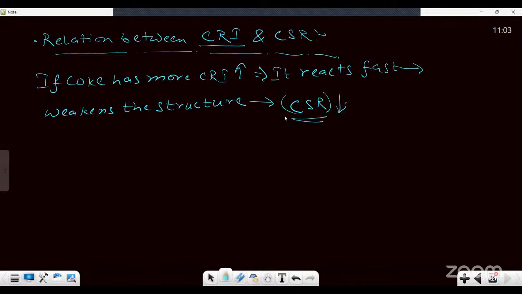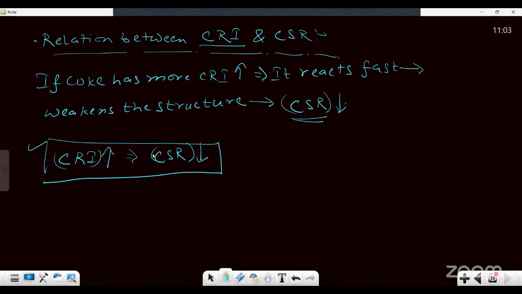CSR decreases. So it is something like this: if the CRI is increasing, there is a trend which decreases the CSR automatically. So CRI increases, CSR decreases.